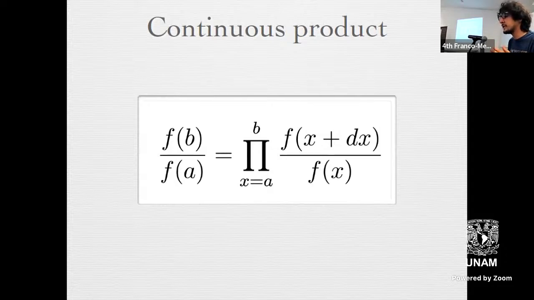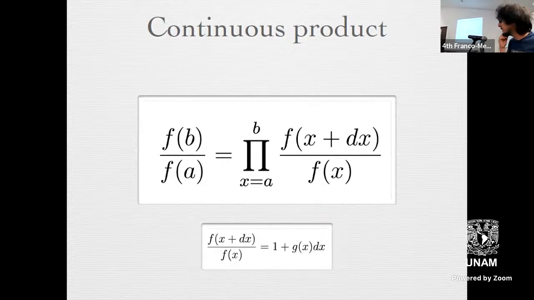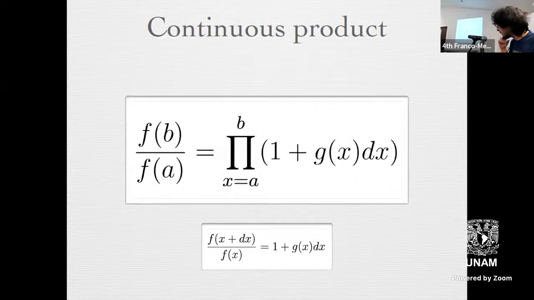If you say that the logarithmic curve, the function, is the solution of a differential equation, like here, you can rewrite this equation, and you obtain this one.